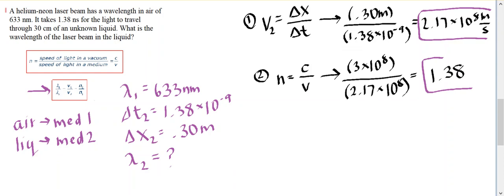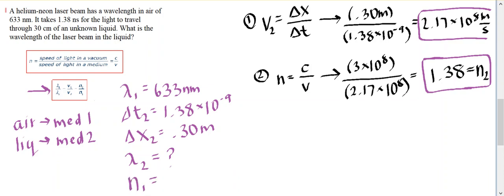So let's write that this is n2. Okay, so now for the last step, now that we have n2 and we have n1, because n1 is going from air. Remember, the index of refraction for air is always 1. So let's write that over here for ourselves.